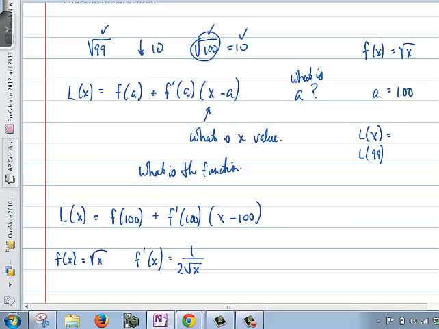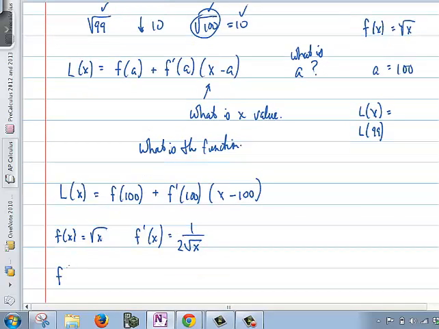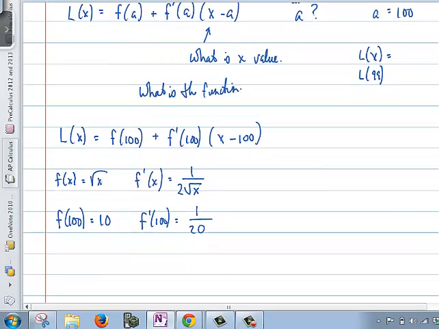And I can now figure out that f at 100 is equal to 10. My derivative at 100 is equal to 1 over 20. And my linearization now becomes 10 plus 1 over 20 times x minus 100.